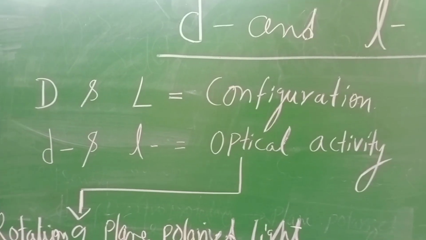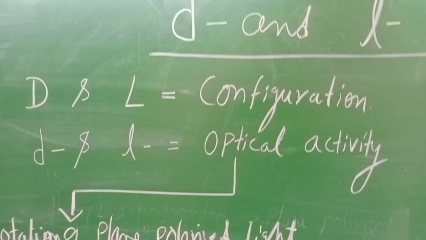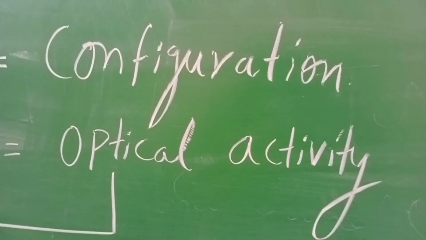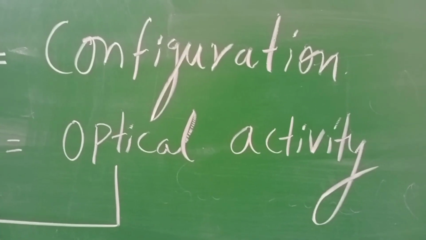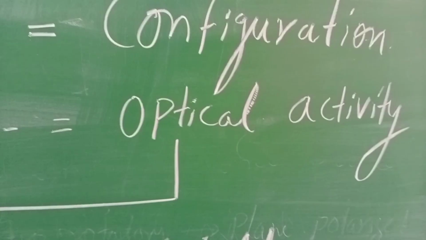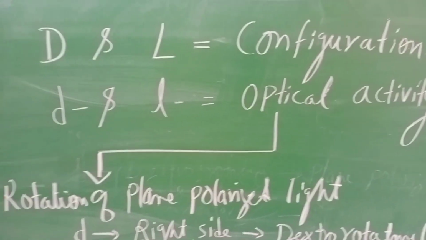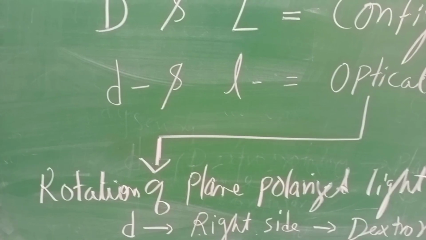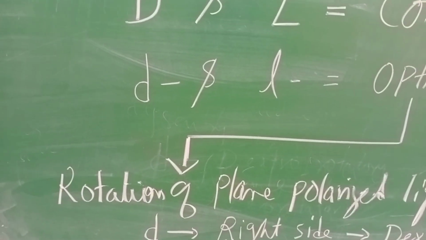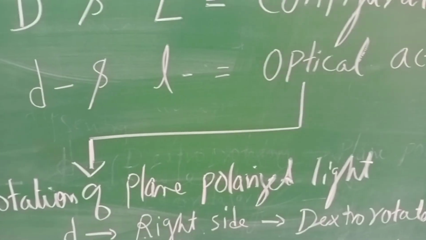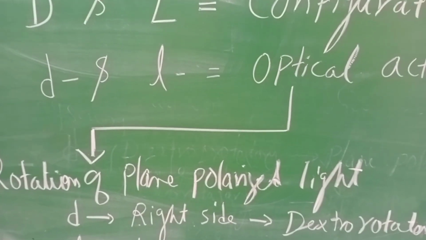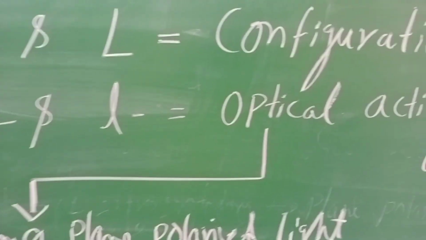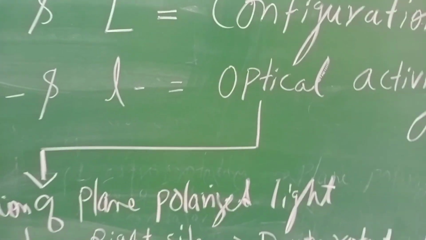So, let us know the meaning of optical activity, or when a molecule is said to be optically active. Optical activity is a property of a molecule by which it is able to rotate plane polarized light towards a particular direction.